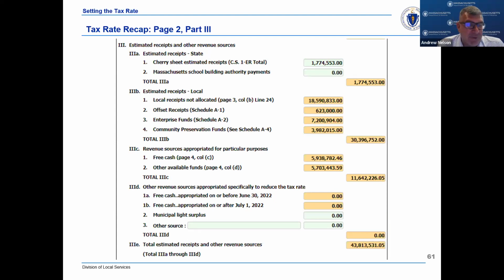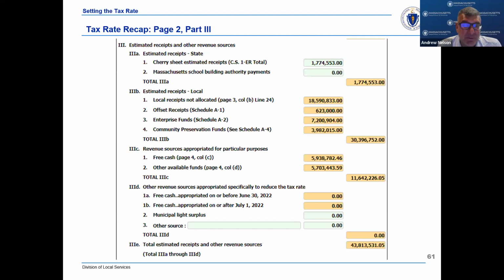Then we go down to 3D. 3D is where we talked about earlier. This is where you show the free cash votes that are to reduce the tax rate. Those are those votes that didn't appear on page 4 of the recap, but were part of the B1 free cash form. And again, there are 2 of them, because remember, you had 2 pools of free cash you could have taken money from. If you voted it from the certification that expired prior to June 30, that's the money you would have had available at your annual town meeting in the spring.